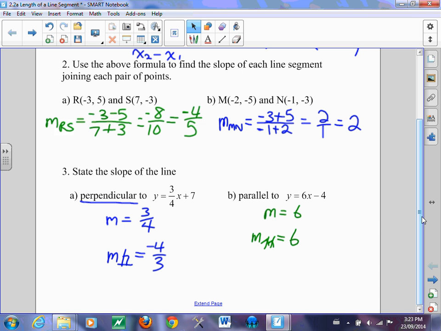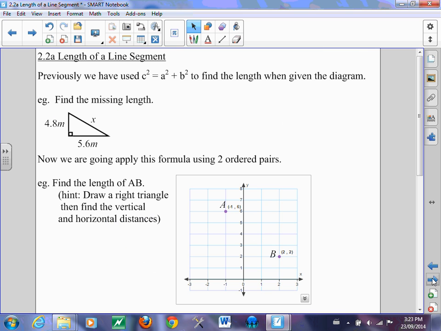Now we're going to get into length of the line. So length of a line segment, previously we've used the Pythagorean theorem to find the length when we're given the diagram. Here's an example, folks. If you take a look at this diagram, we have x, which is your hypotenuse, and we want to find that. It's going to be the hypotenuse squared equals the sum of the other two sides squared.